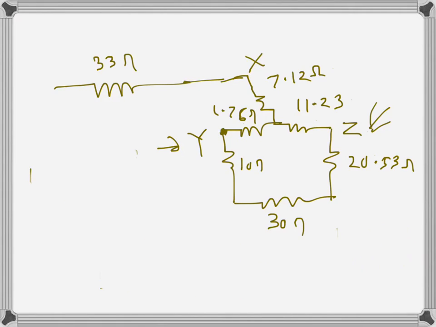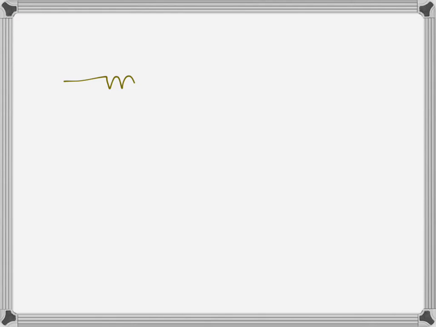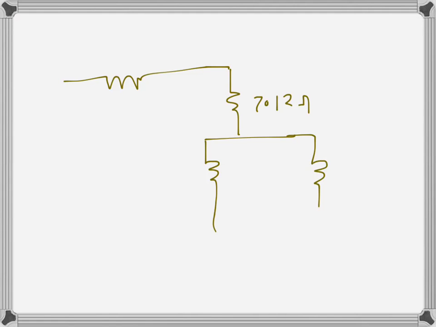The circuit is still not complete, there will be the 40 ohms resistance here. So what we can see now is these two are in series, 1.76 and 10 ohms, and these three are in series, and then they are in parallel together. So what that becomes is like this: 33 ohms, this is 7.12 ohms there, and then we have 40 ohms.